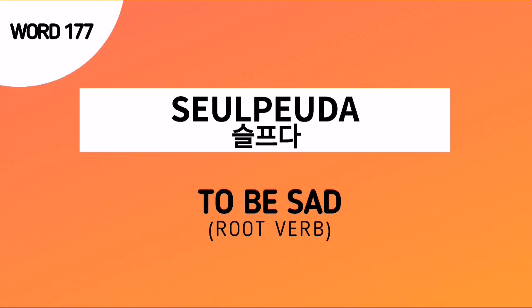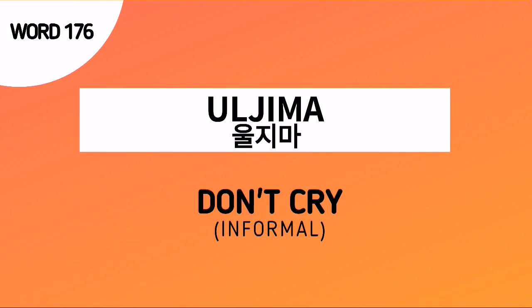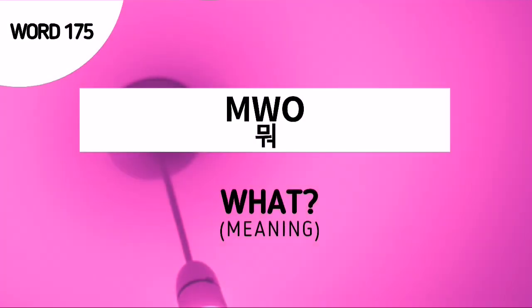Word number 177 is 슬프다, and this is a verb which means to be sad. Word number 176 is 울지마, and this is an informal way of saying don't cry. Word number 175 is po, which means what?